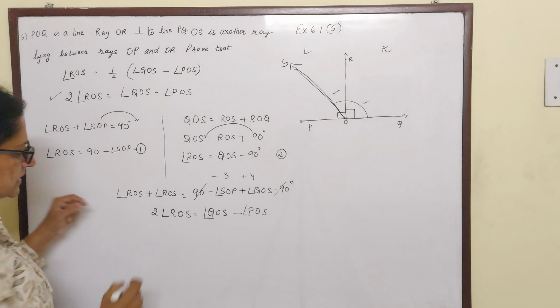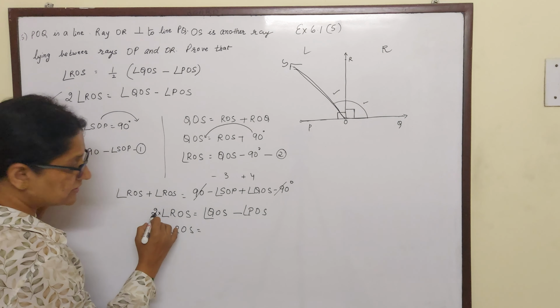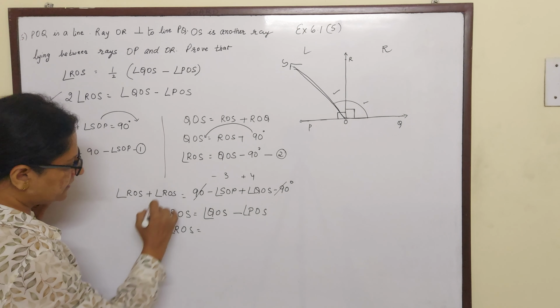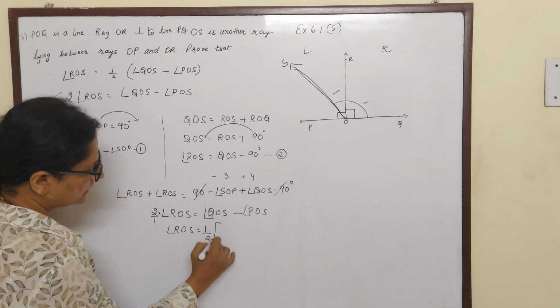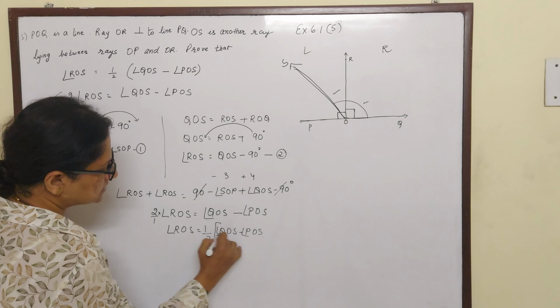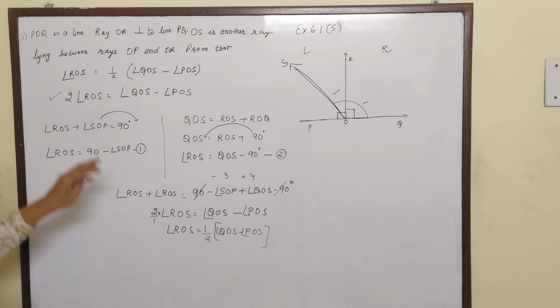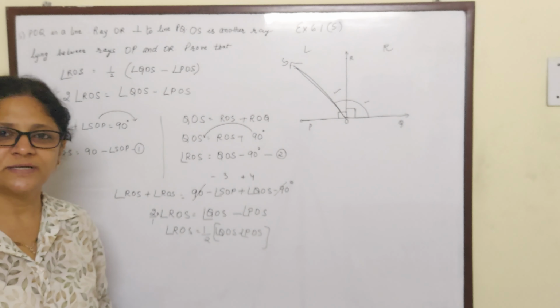So this 2 is multiplied here, so when I take this side, it will become division. So 2 by 1 will become half, and then QOS minus POS. This is what they have asked us to do. So you understood how we have to read the sum and how we should find it out. Hope it is easy, children.